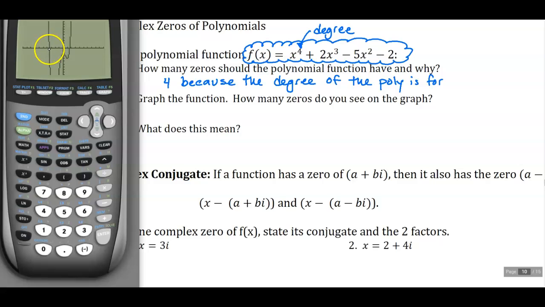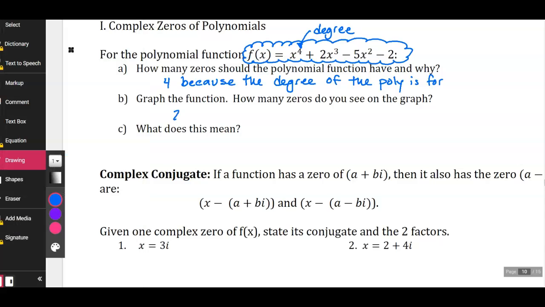There's one that's between 3 and 4, and there's one that's between 1 and 2. So here, there are 2 real zeros. So what does this mean? There should be 4, right? That's the degree of the polynomial, but there's only 2.